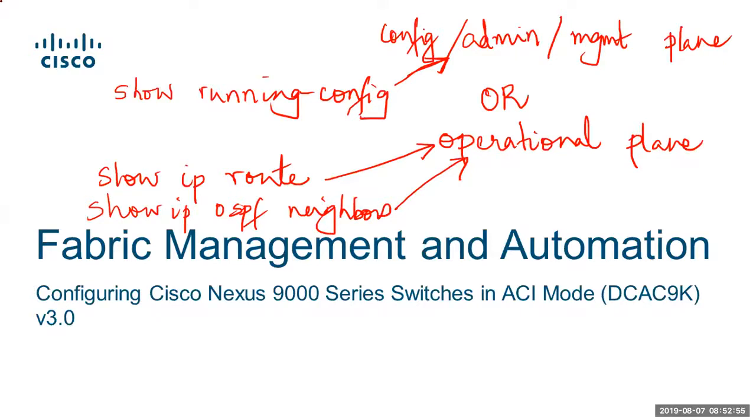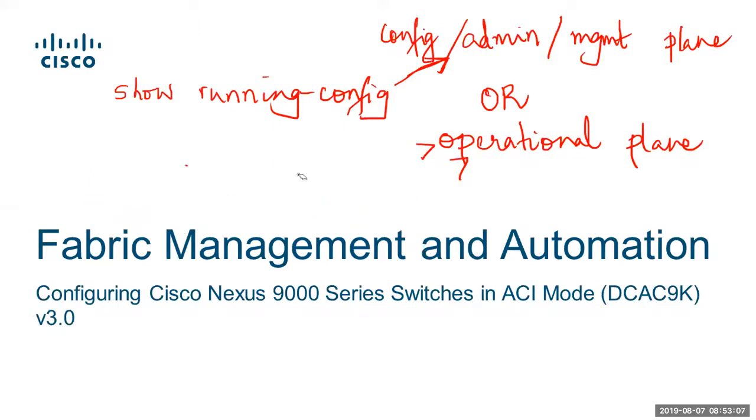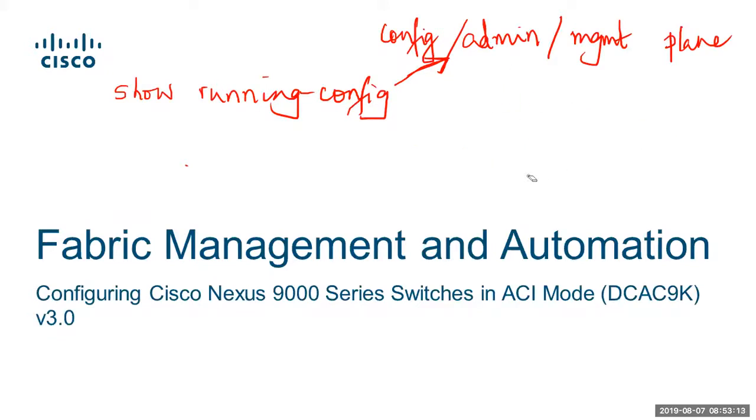Now that I've highlighted the difference, if I were to ask you this question, show running config, on which device in ACI should I see the management or configuration? Switches or APICs? Where should I issue this command? Where should I issue my operational commands? Switches or APIC?